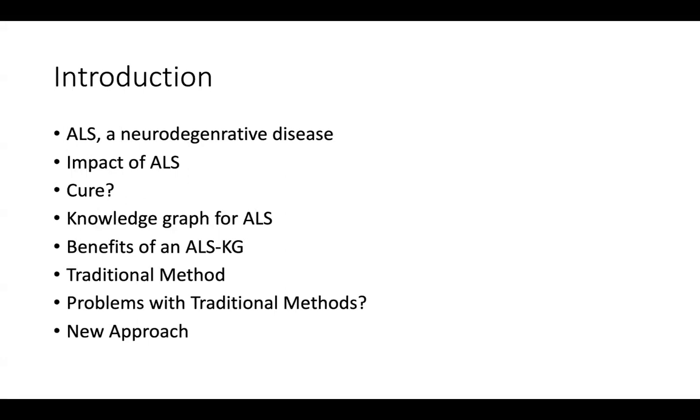So this project generally entails creating a knowledge graph for amyotrophic lateral sclerosis. It's a neurodegenerative disease, and it is quite impactful in today's climate. It results in gradual weakening and atrophy of muscles throughout the body.